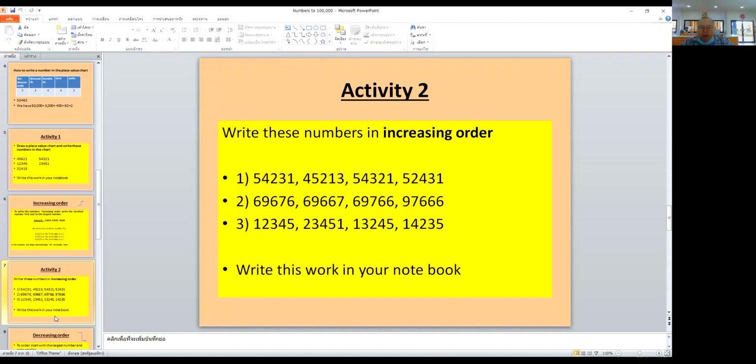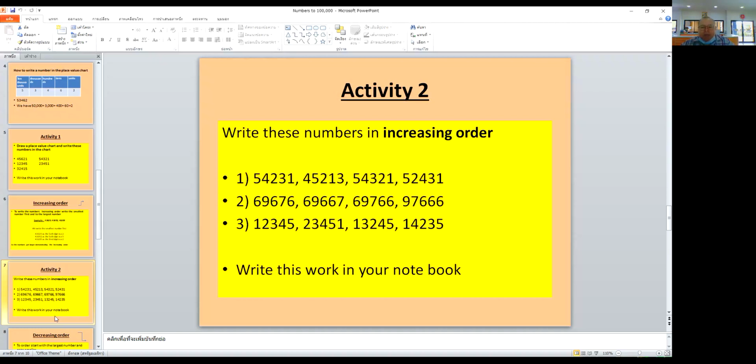Now we know that the numbers 5 and 4 are the same in numbers 1 and 3. We now look at the third number. And the third number in the first one is a 2. And the third one is a 3.